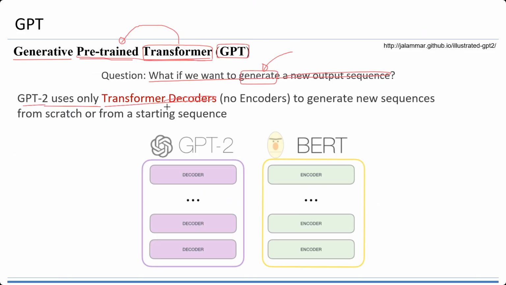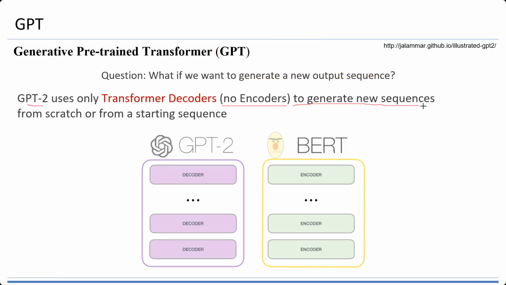If you look at BERT, what is BERT? It is a bidirectional encoder, and it uses only encoders. But GPT uses only decoders, and in GPT there is no encoder.